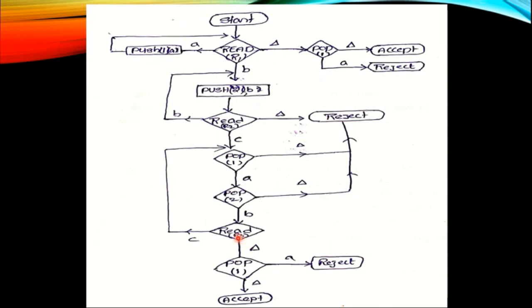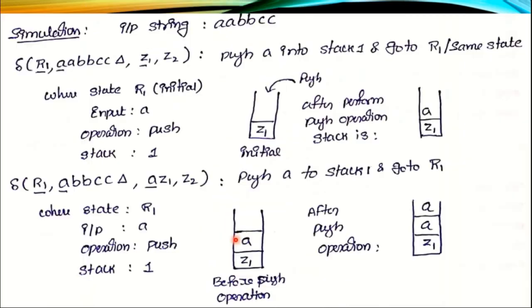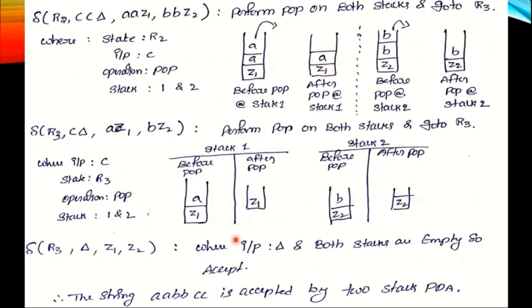From R3, when C is read as input, what will happen? We perform two pop operations, that is a pop operation on stack 1 and a pop operation on stack 2, and then go to the same state. So from R3 when the input is C, we perform a pop operation on both stacks and go to the same state.